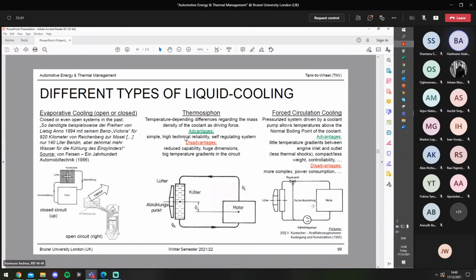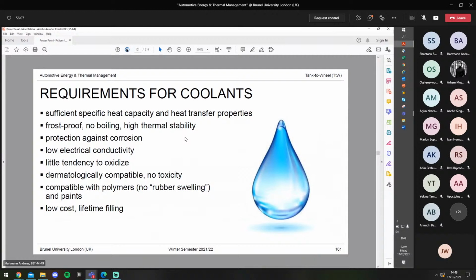When the engine is still cold, you don't want to send the cold coolant again to the radiator, but you don't need any cooling and send it back to the coolant pump directly to ensure a quick warm-up. And when the required temperature is achieved, the valve opens and sends the hot coolant then to the radiator to cool down.